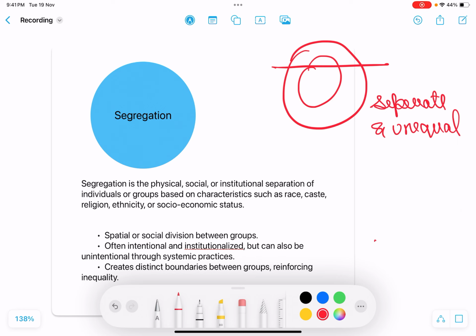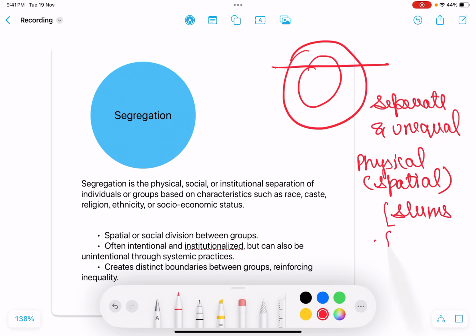So segregation often is physical in nature, right? Physical in the sense of spatial, right? In an area, let's just say, think about a residential neighborhood, that some people are living in slums, so they're physically separate and segregated in an area, and other people may be living in, let's just say, gated communities, upper class communities, right? So there is a physical segregation, right?